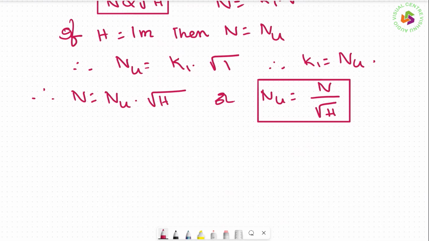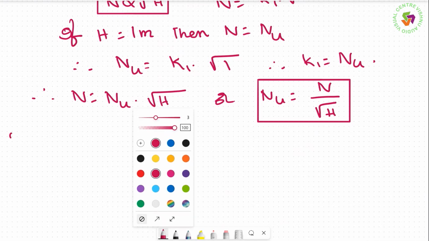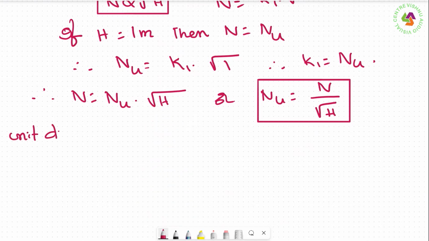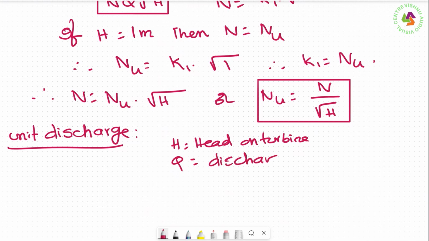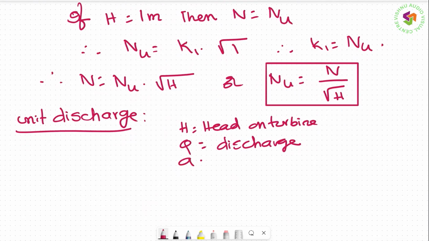For example, if I take unit discharge. So unit discharge, if I take it, H is equal to head acting on the turbine. Q is equal to discharge. A is equal to area of flow.